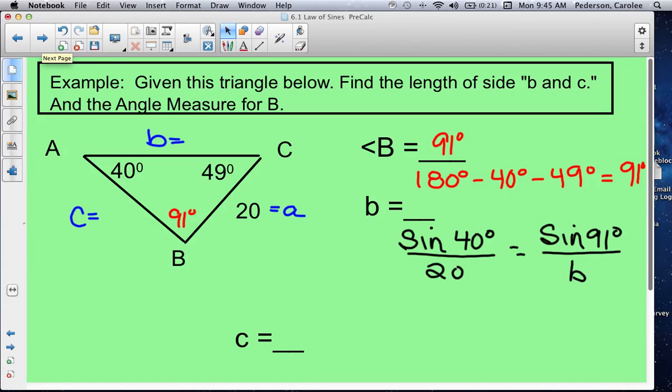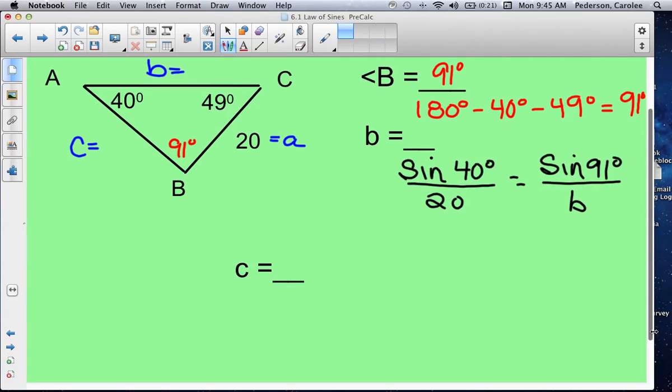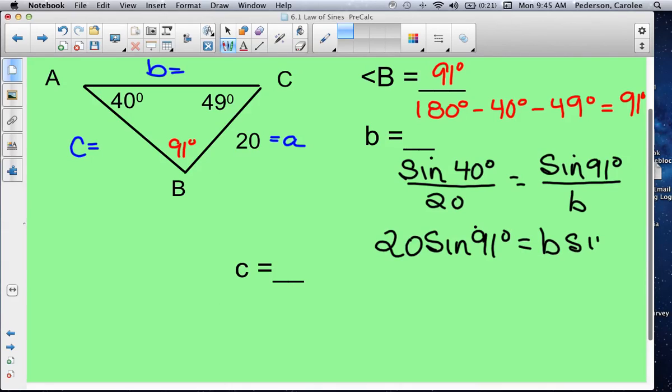I'd probably cross multiply. Yep, same process. So we take 20 times the sine of 91 degrees, and then side B times the sine of 40 degrees. And then what's the next step?